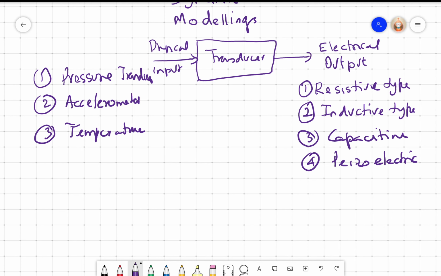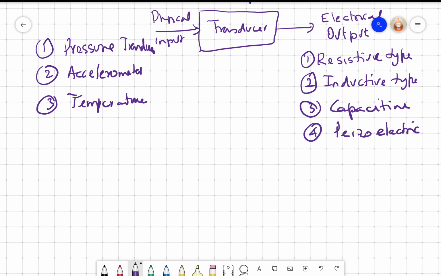So we are going to learn looking from the electrical side. So first we will learn resistive type transducers.